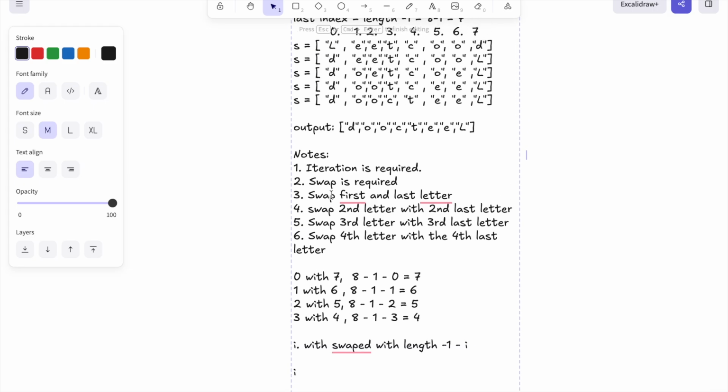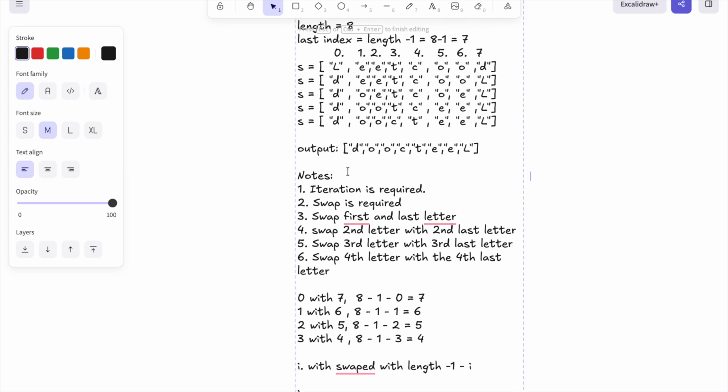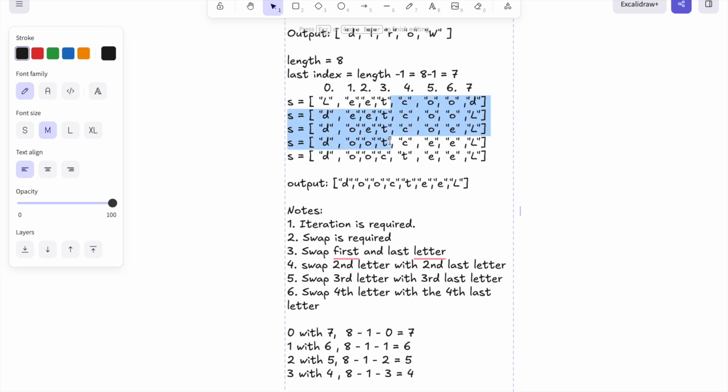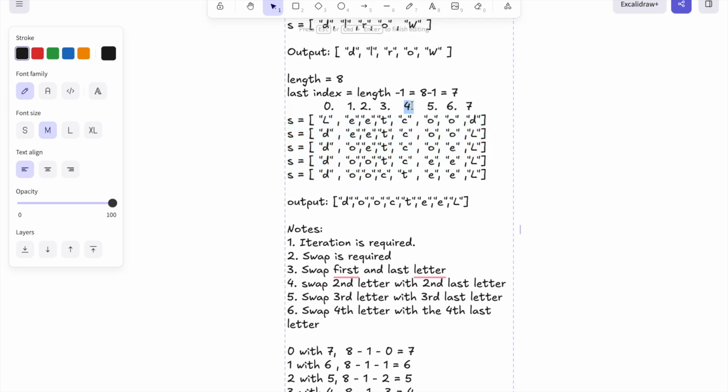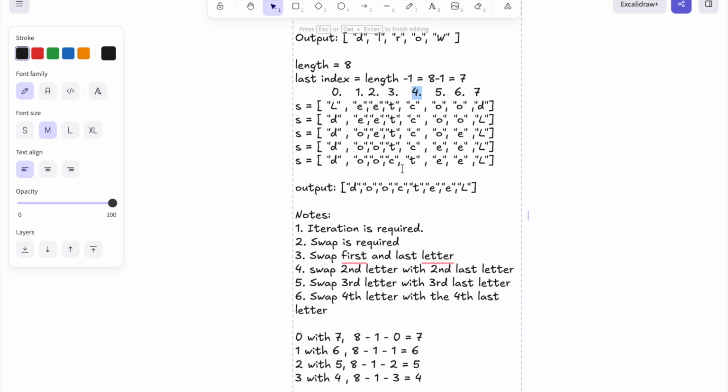So what would be the base condition for this? Whenever we move into the center, we break the condition, because if we go to the next part, these things will start to get reversed again. We would start checking whether we need to move them to some other place or not.